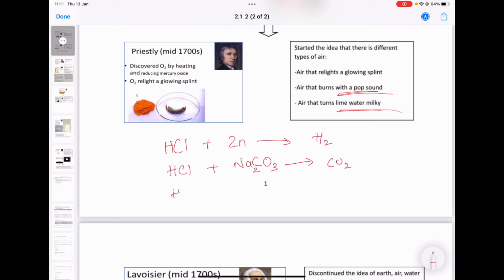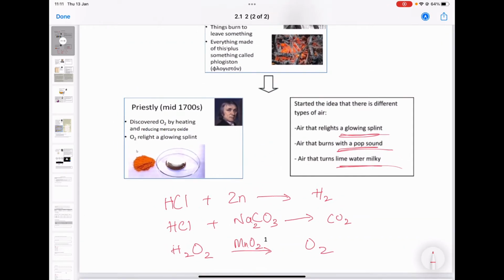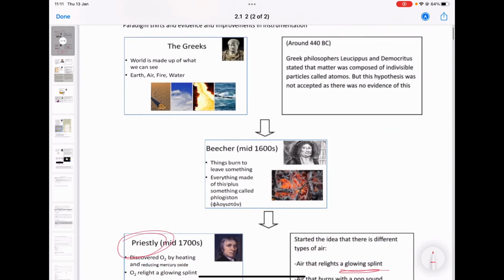And you have, let's say, hydrogen peroxide in the presence of manganese peroxide decomposes to give another kind of air that relights a glowing splint. So Priestley discovered that there's different kinds of air, and he started to question the fact that air is an element, because you can break it down into different kinds of air.